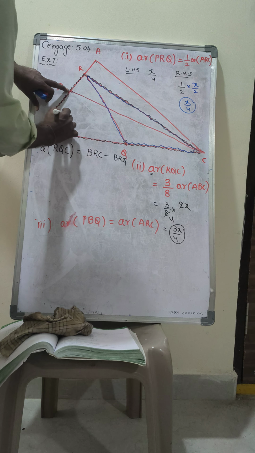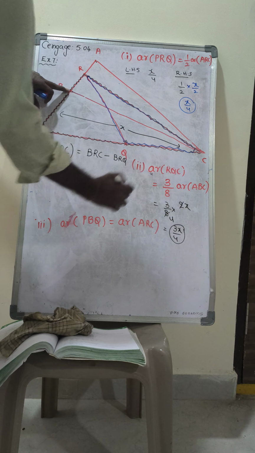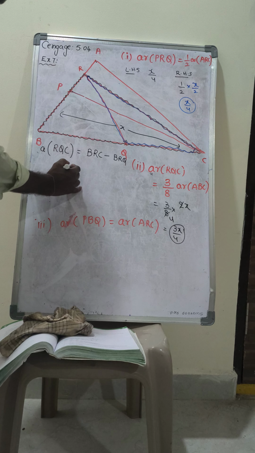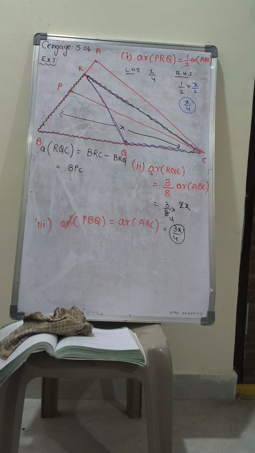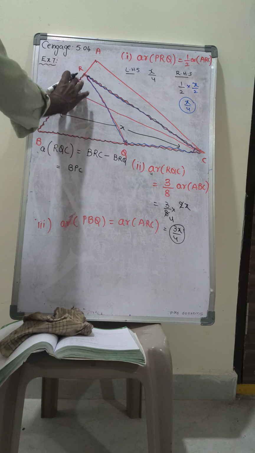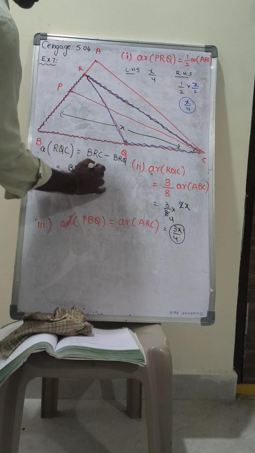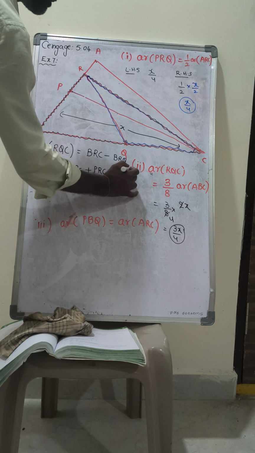So therefore, this entire area will be X. So BRC area I am writing like this: BPC plus PRC, minus BRQ later.